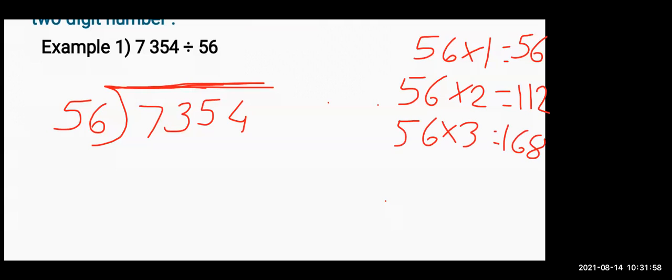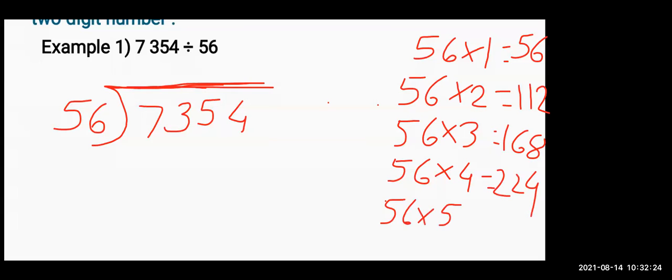Now once again, 56 fours. 56 fours is 224. Okay. Now the last one, 56 fives. 56 fives is 280. Clear? Now we'll stop over here.